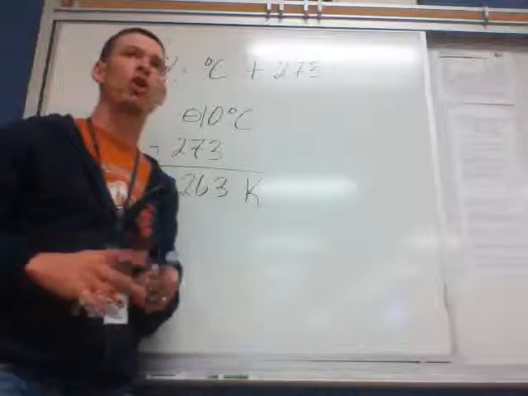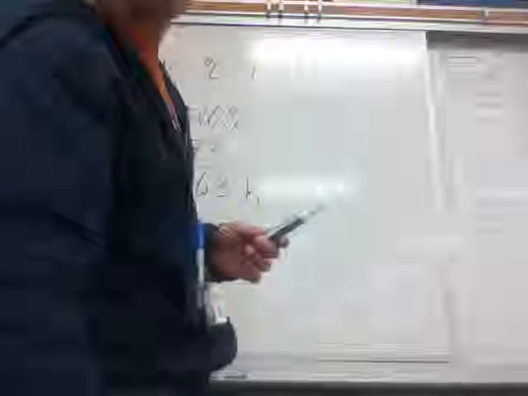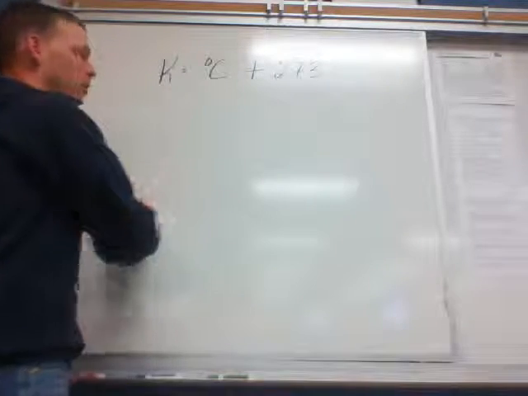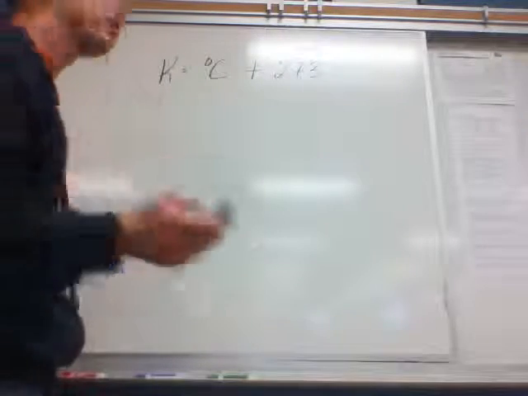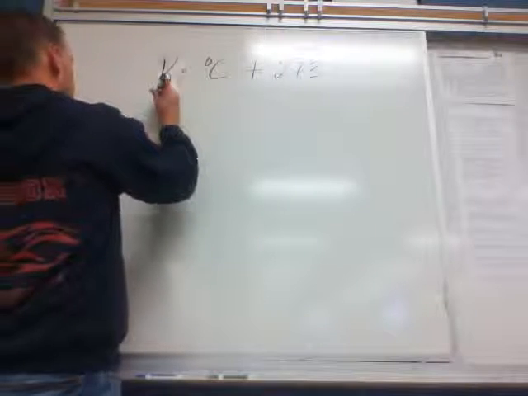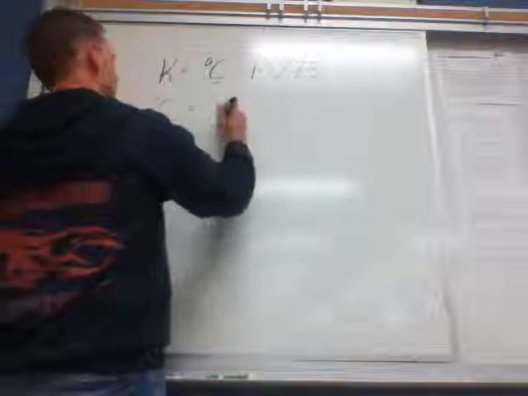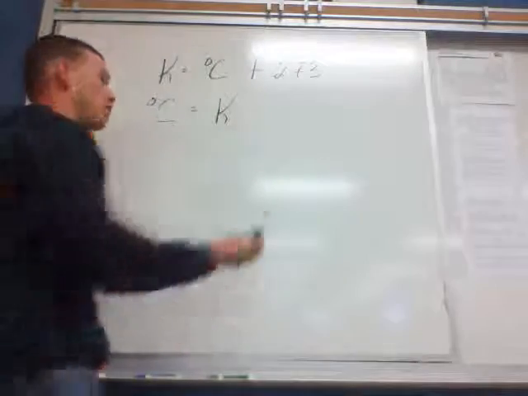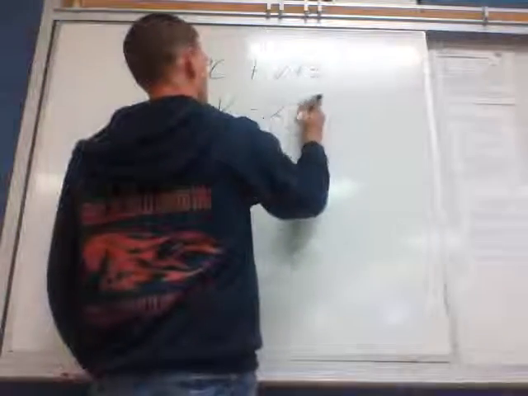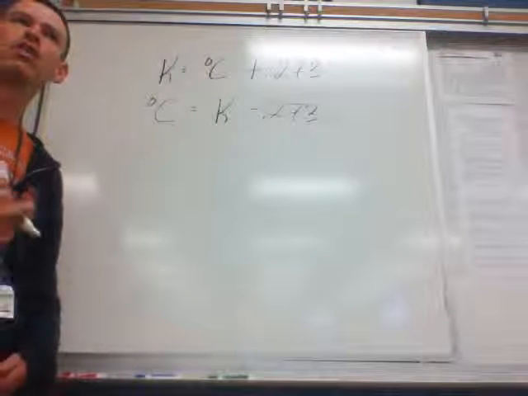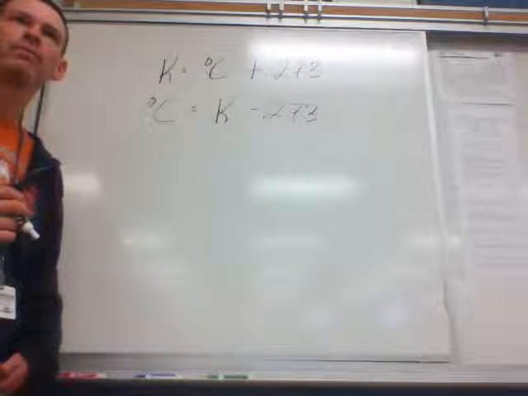Now there's another temperature conversion on your cheat sheet, because occasionally you'll need to go the other direction, which is just as easy. If I want you to find degrees Celsius, well, then you take the Kelvin reading that you currently have and just go the other direction. Subtract 273.